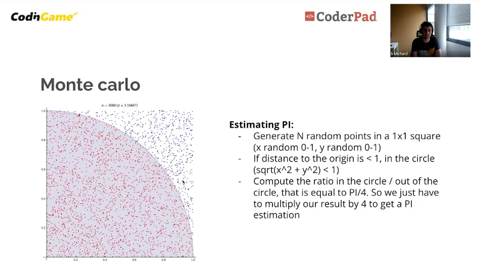We generate random points in a 1 by 1 square, and if the distance to the origin, the 0, 0 point, is less than 1, we consider it's in the circle. By computing the ratio of the points that are in the circle versus the points that are out of the circle, we can approximate pi. Because on average, randomness gives us a result that is close to what we expect.